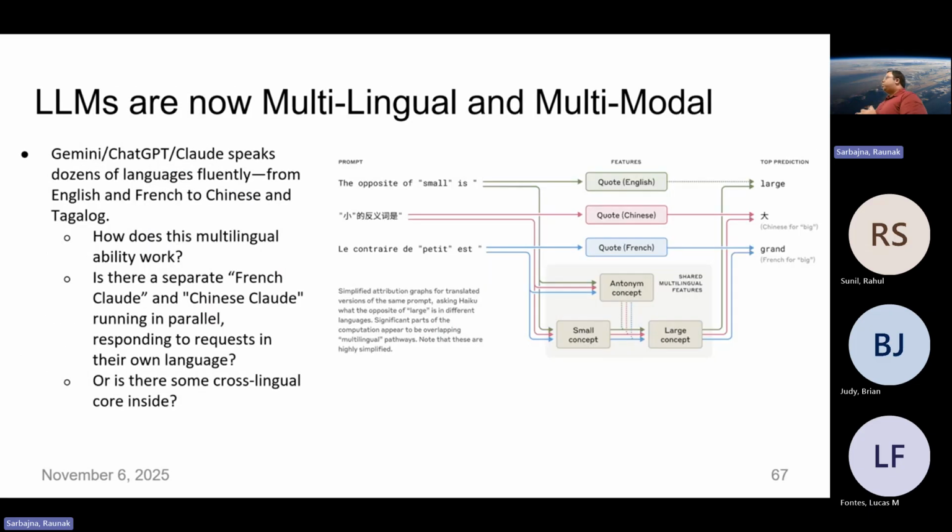The big thing that modern people are doing is they have made LLMs multilingual and multimodal. Original LLMs were either English only or Mandarin only or Spanish only or whatever. But modern LLMs, especially the big three, Gemini, ChatGPT, and Claude, are all multilingual, right? So if you ask the same model a question, it gives you the correct answer, but it has essentially created its own dictionary.